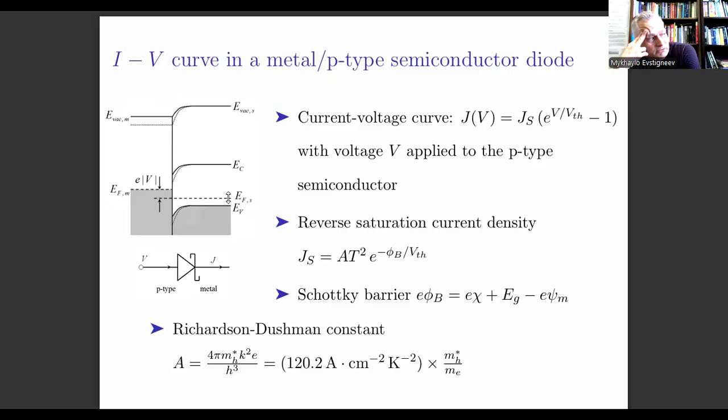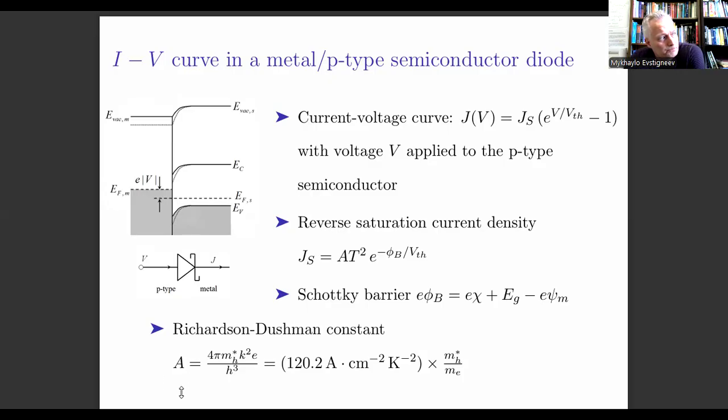Another reason is related to the effects that we have not included in our considerations in this theory of ideal Schottky diodes. We have not included such things as Fermi level pinning to the middle of the band gap. We haven't included non-ideal effects such as the lowering of the Schottky barrier due to the mirror reflection forces. We did not include, oh gosh, a lot of things.